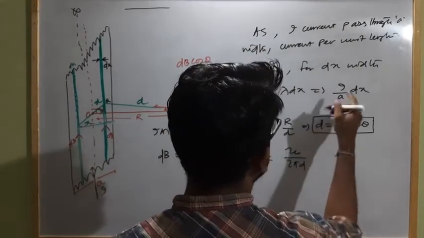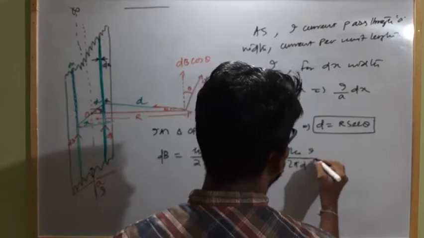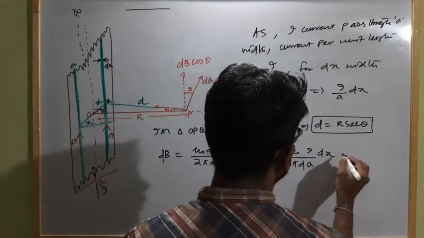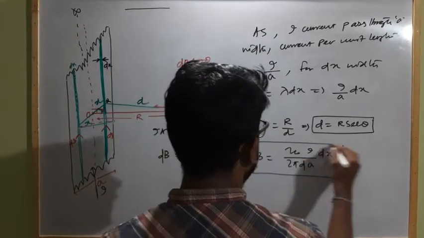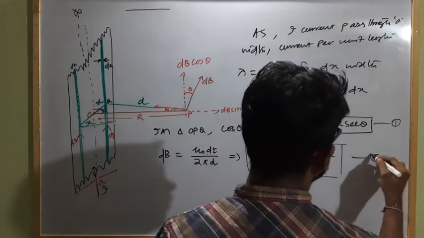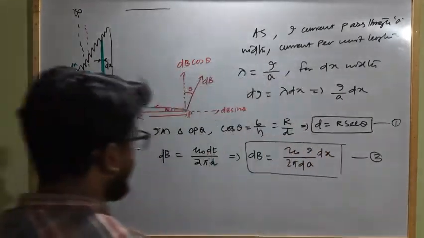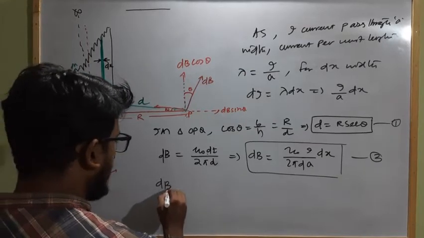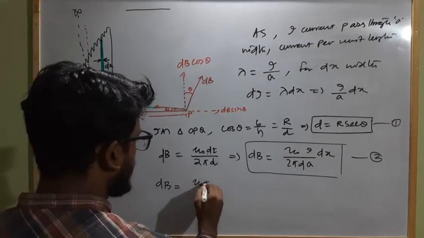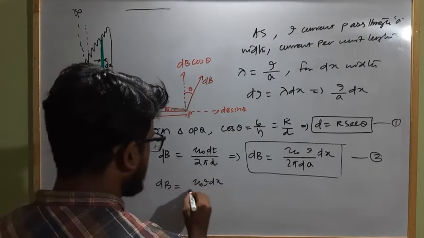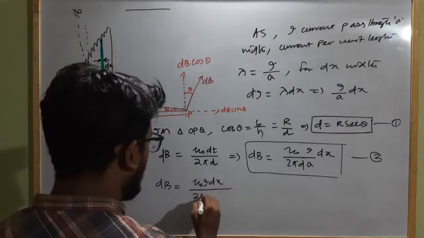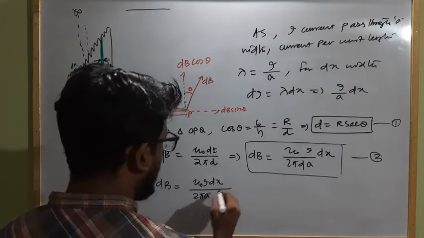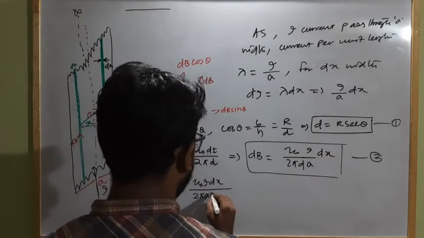In place of dI you can write I by a into dx. Okay, this is equation 1, this is equation 2. Now using 1 and 2, we will get dB equal to mu naught I dx divided by 2 pi a. In place of d we can write r sec theta.